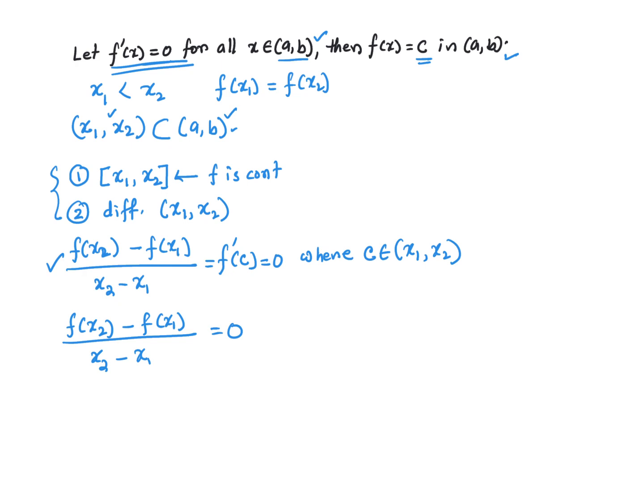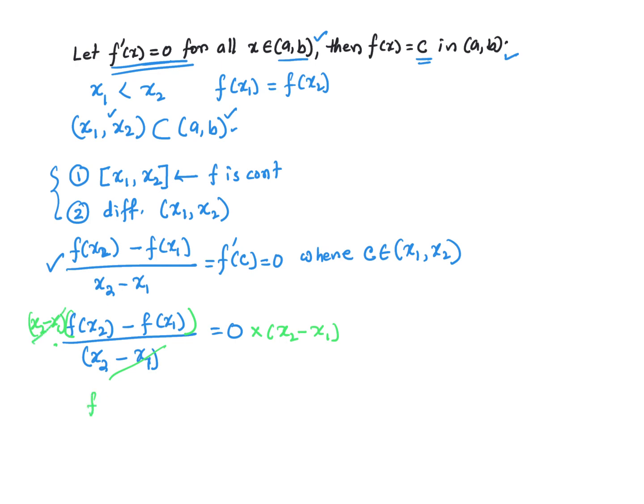Now x sub 2 minus x sub 1 is non-zero because x sub 2 is greater than x sub 1. As a matter of fact, we can say that it's a positive number. So if I multiply both sides by x sub 2 minus x sub 1, and let me put a parenthesis here just to distinguish things, then this and this cancel out.